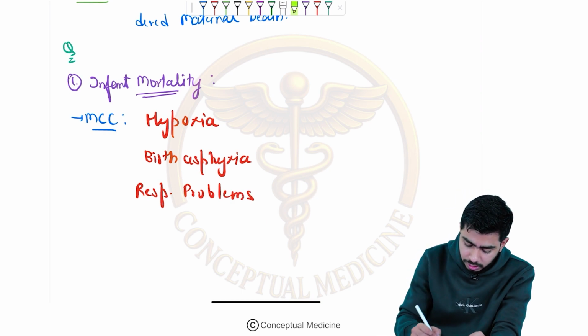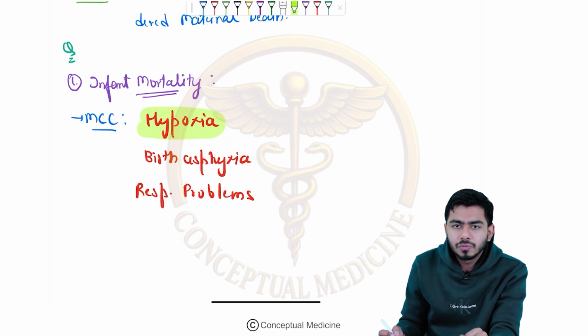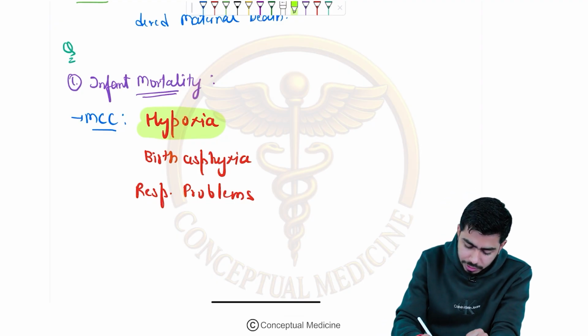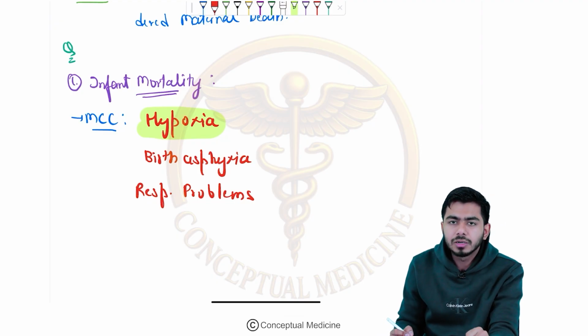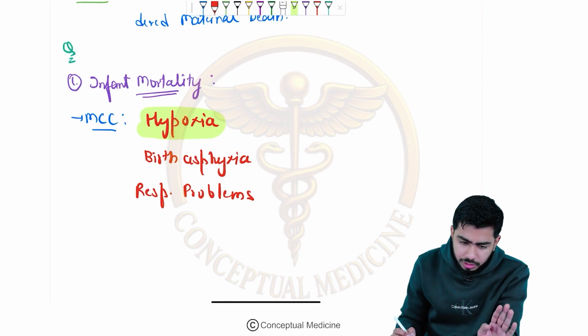But hypoxia is the most common cause which you need to remember as far as infant mortality is concerned. If the question comes about the most common cause of infant mortality, then you will mark hypoxia or birth asphyxia. Okay, so that is clear.